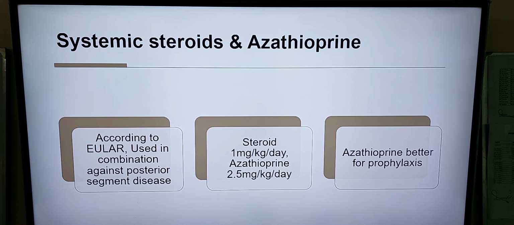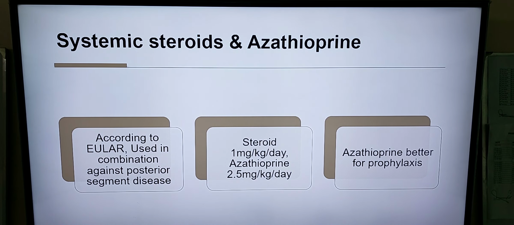According to the European League Against Rheumatism in 2008, it was concluded that a combination of systemic steroids and azathioprine can be used against posterior segment disease.